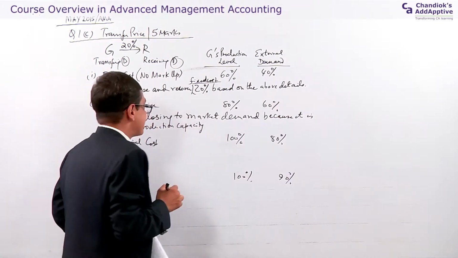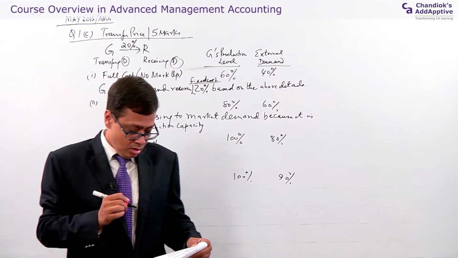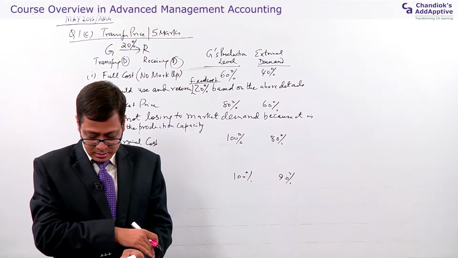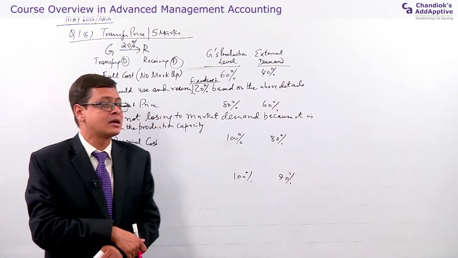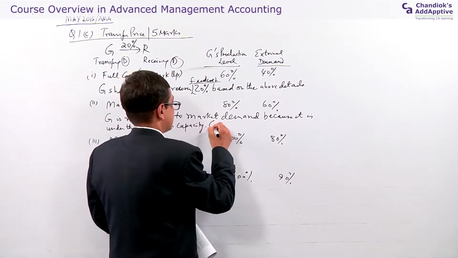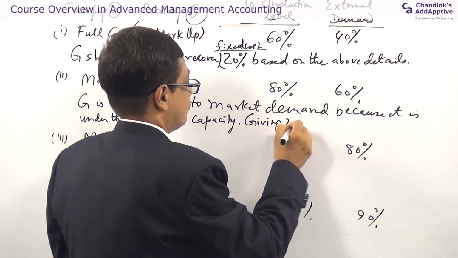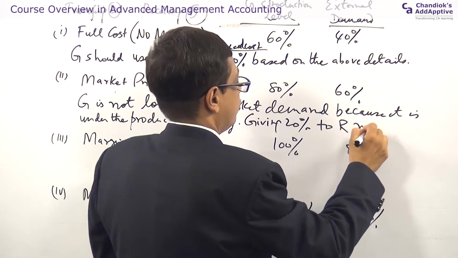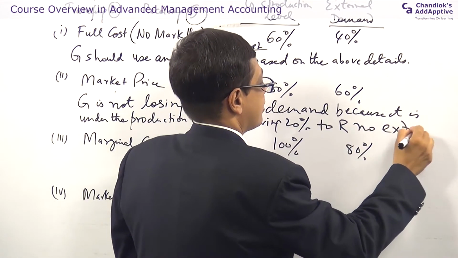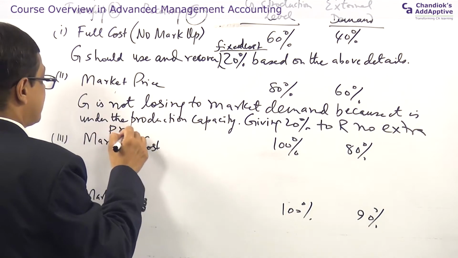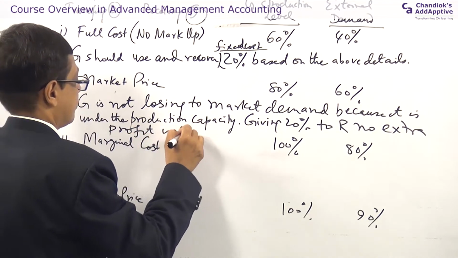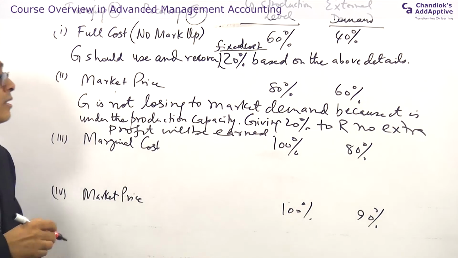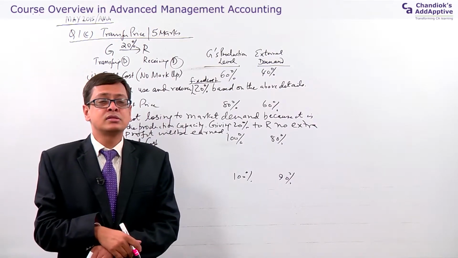So, by giving 20% of production capacity to division R at the market price, G will not earn extra contribution. So, giving 20% to R, no extra profit will be earned. So this is again the second situation answered.